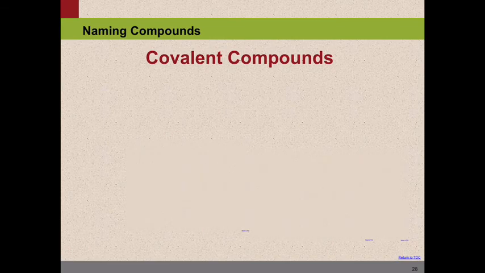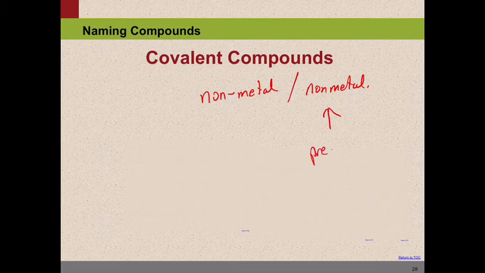So, there's another quick little review of covalent compounds. Remember, it's going to be a nonmetal and a nonmetal. Every single one of these, the second ones always get a prefix.